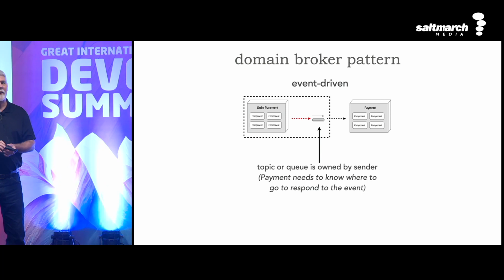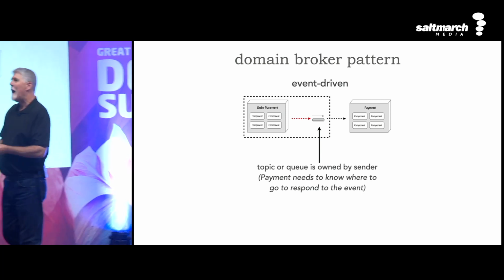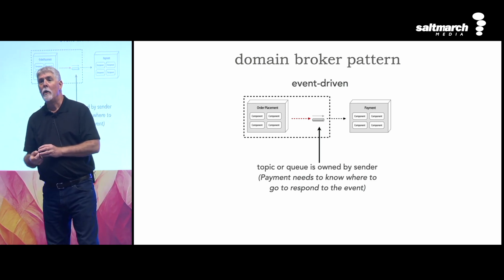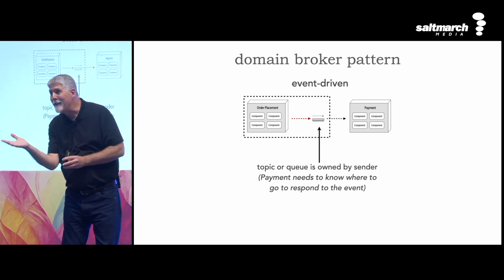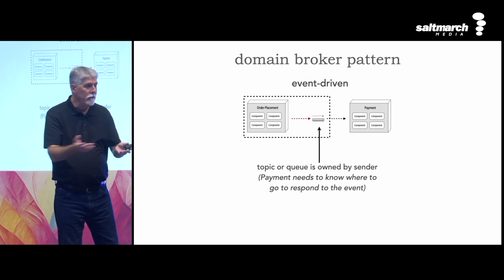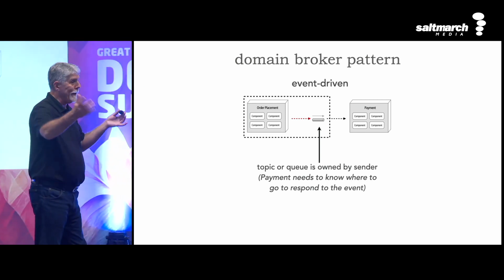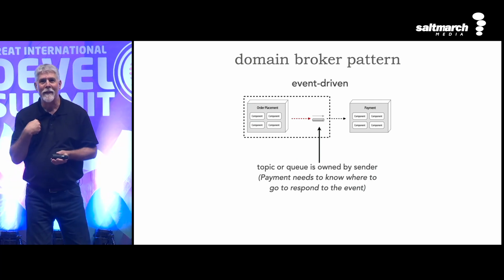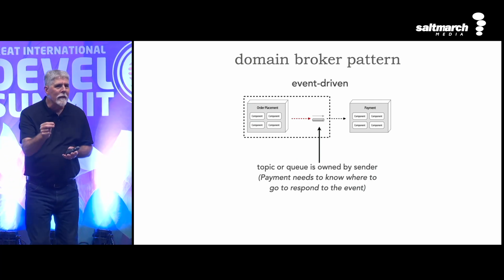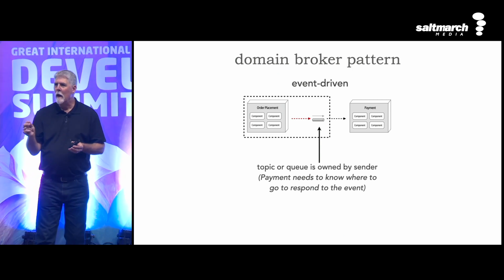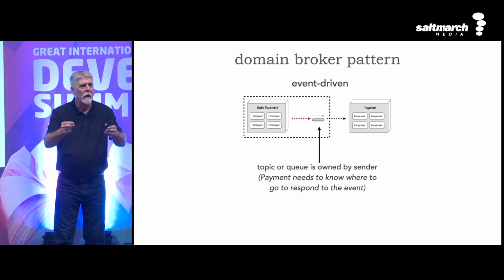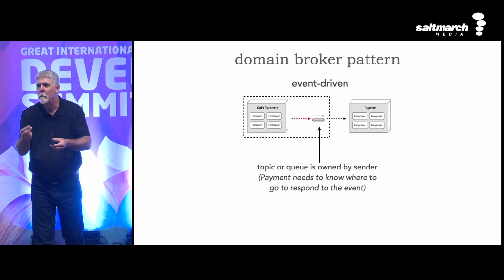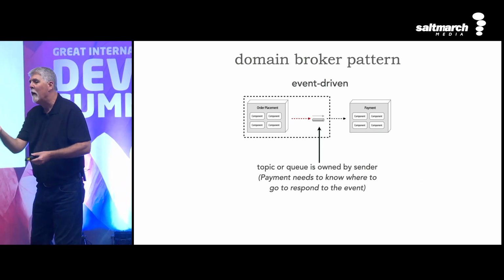Are you dependent on that topic for processing? No, you're not. Oh, you need it, but you're not going to crash. You're just going to process other events or something. I don't know, I can't get to that broker. That's fine. I can still do other things, but I can't. Why? Because I own it. It is the writer of the message that owns it, because I am dependent on that broker.